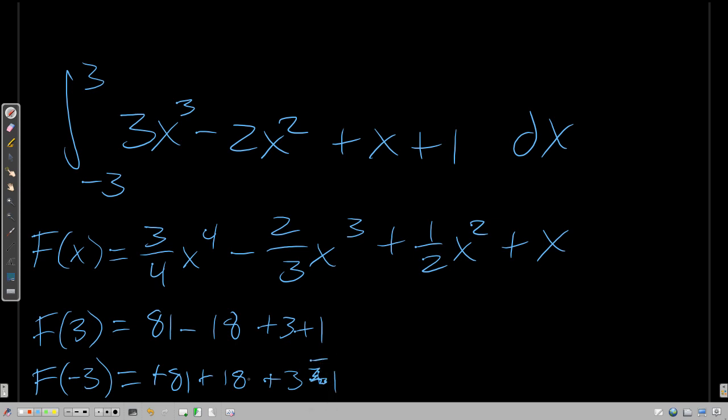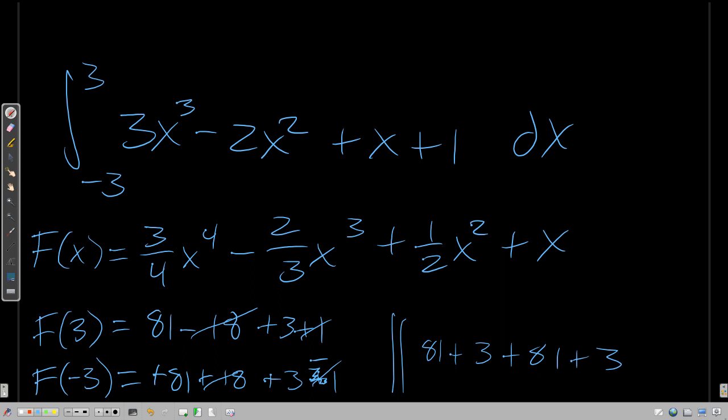So I can see what's going to cancel out. The minus 18 and the positive 18 will cancel. The 1 and the negative 1 will cancel. This integral is just 81 plus 3 plus 81 plus 3.